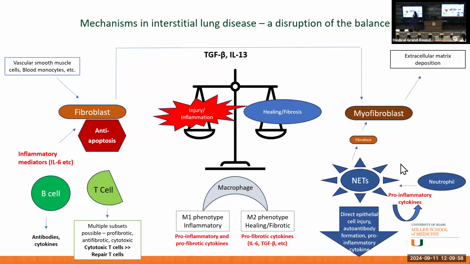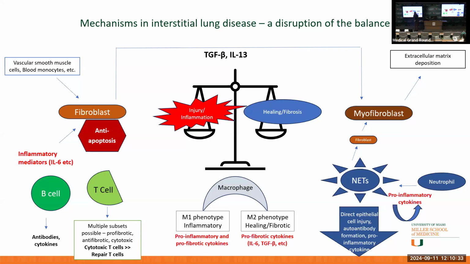But in connective tissue disease ILD, for some reason, you end up tipping the scale, and eventually this healing process leads to abnormal fibrosis. Even when you get inflammatory mediators, we know IL-6 is big in systemic sclerosis, less so probably in some of the other diseases, then instead of giving an apoptotic signal to your fibroblasts, which are the cells that go ahead and turn into myofibroblasts, lay down an extracellular matrix and cause scar or fibrosis, it actually starts giving an anti-apoptotic signal.